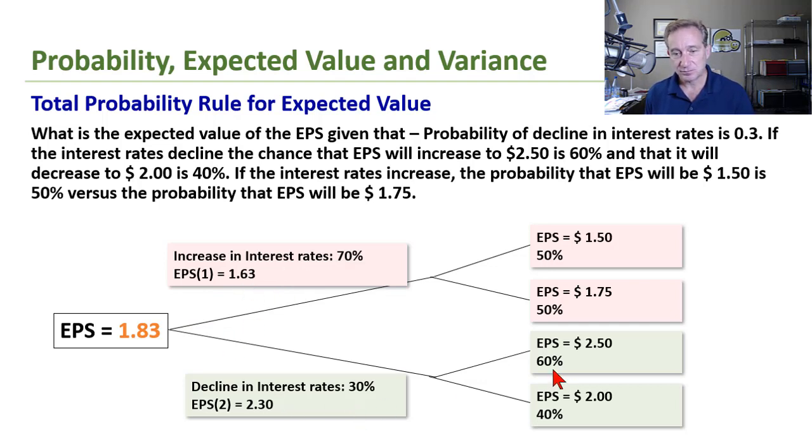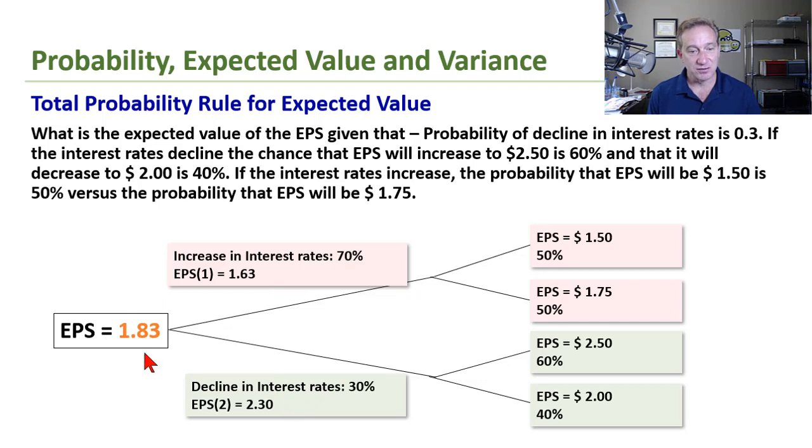Similarly, we can come down here and say 60% times $2.50 plus 40% times $2 is equal to $2.30. So here we have the EPS in the event of a decline of interest rates.